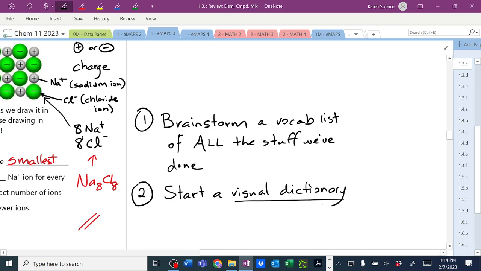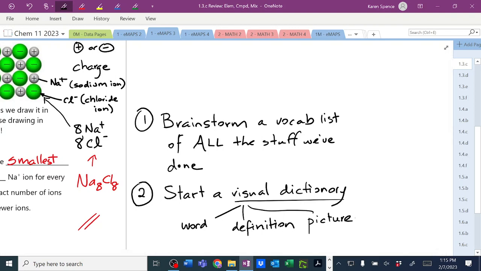And a visual dictionary would include the word, it would include the definition. And what did we learn last day that is a really effective tool for learning? Drawing. So you're also going to draw a picture. So each word is going to have a word, a definition, and a picture.